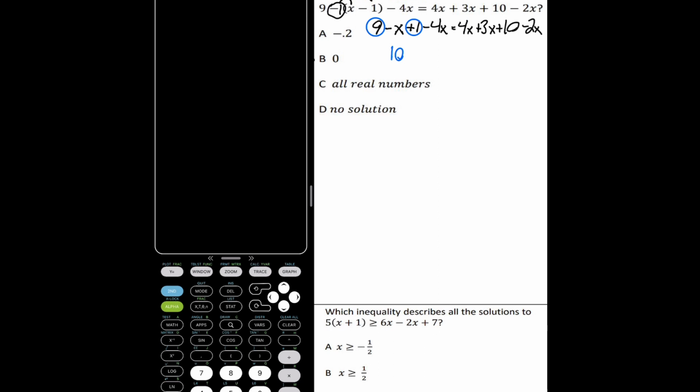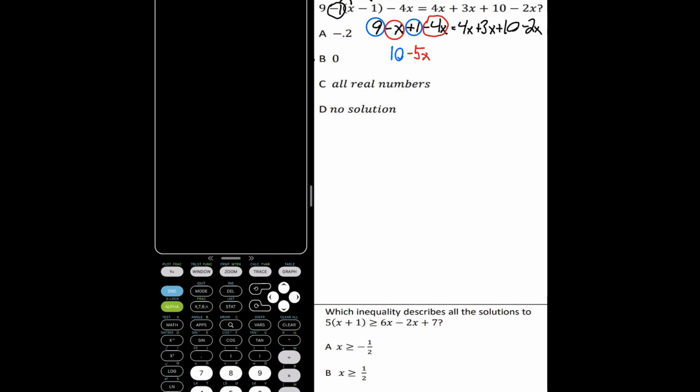I have a -x, -1x on the left side of the equal sign, and I have a -4x on the left side of the equal sign. -1x minus 4x is -5x.